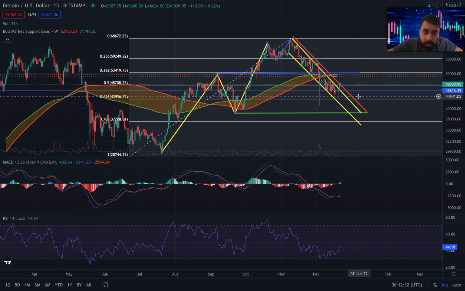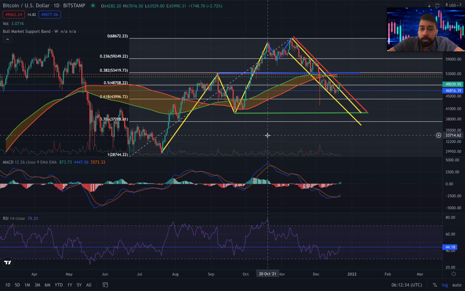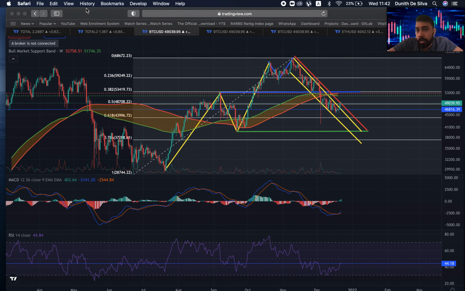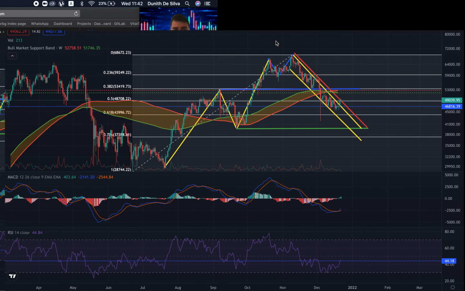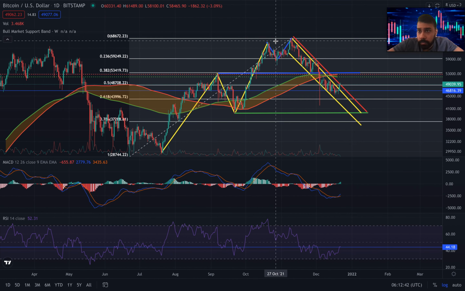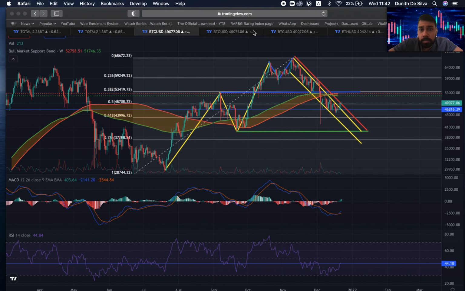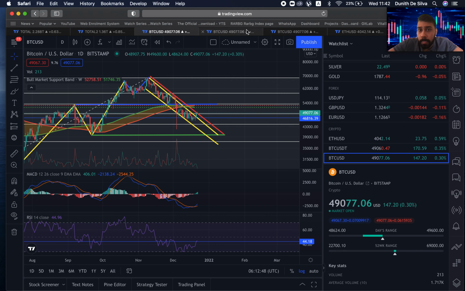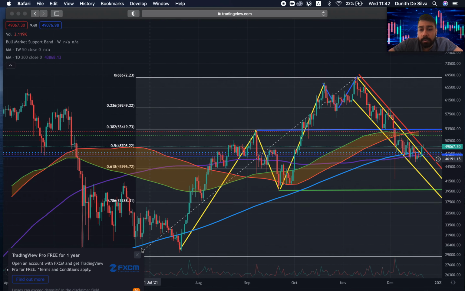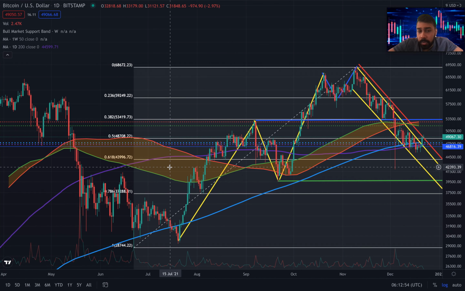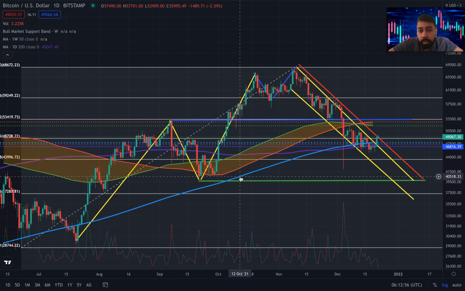So this is considering this chart, right? So if we go and look at the moving averages, we have our 50 week and our 200 day.